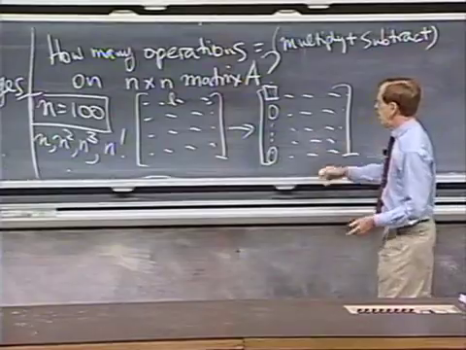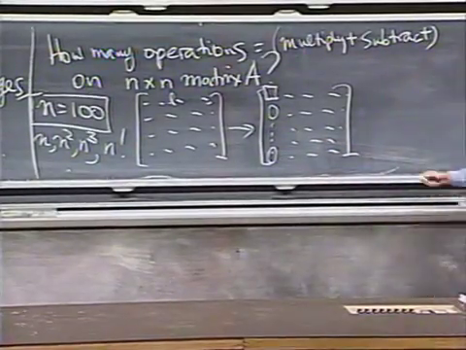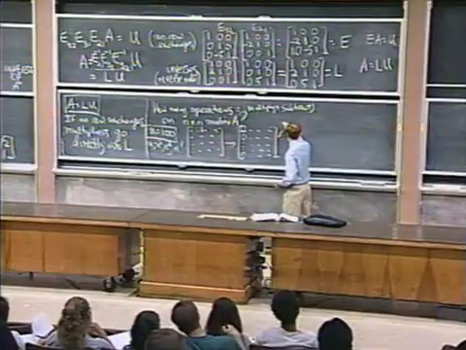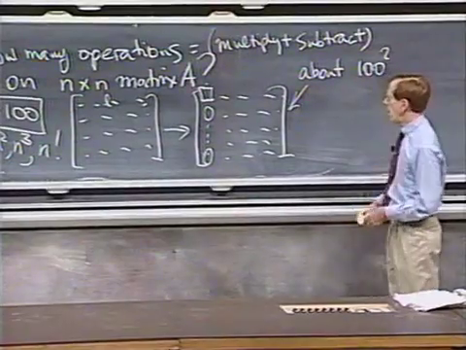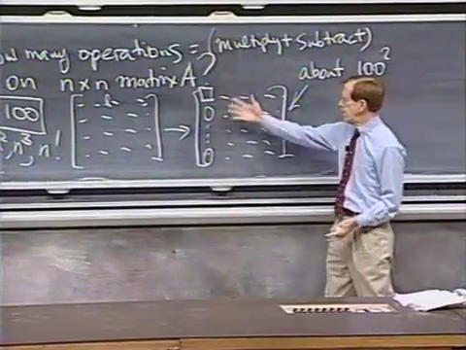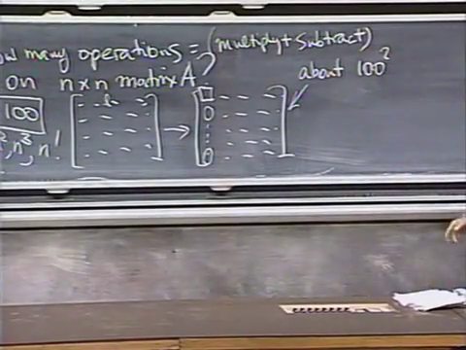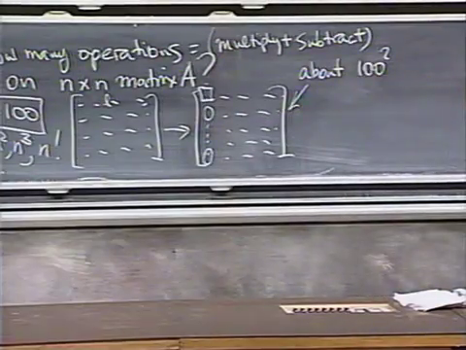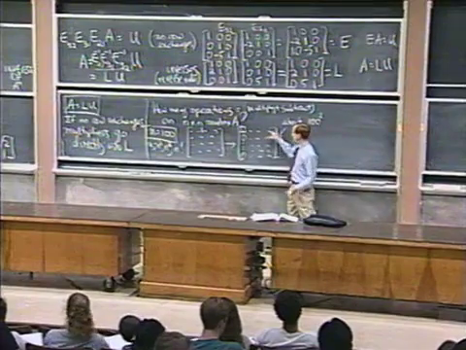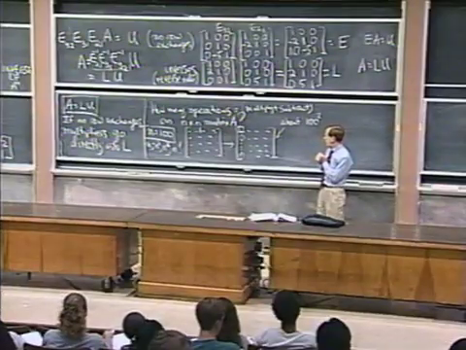So I'd say this cost about 100 squared. If I had changed the first row, then it would have been exactly 100 squared, because that's how many numbers are here. 100 squared is the total count of the entries, and all but this insignificant first row got changed. So I would say about 100 squared.